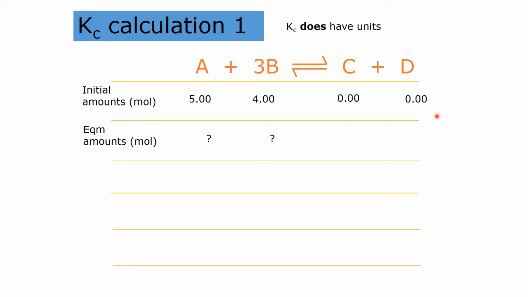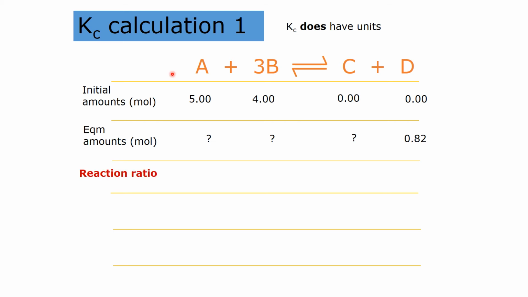It will, however, tell you in the question the amounts of at least one of the products. So in the question, it will tell us that we form 0.82 moles of D, but we don't know at equilibrium how many moles of each of the other species we've got. We're going to need to work it out.